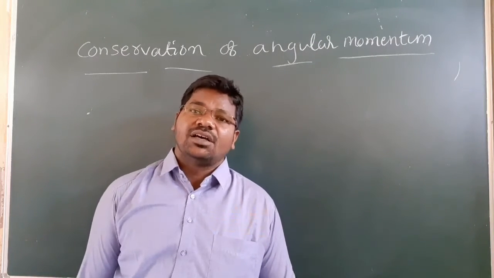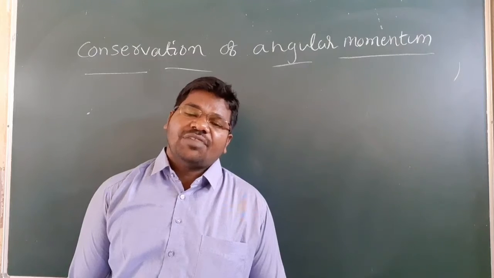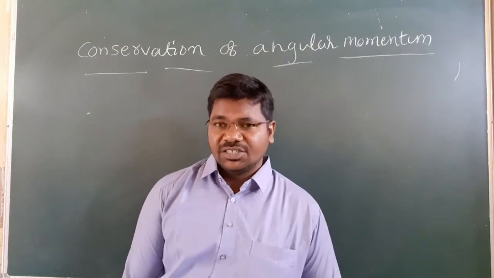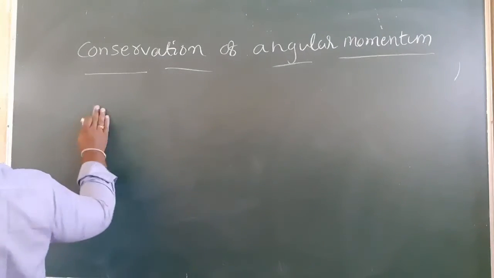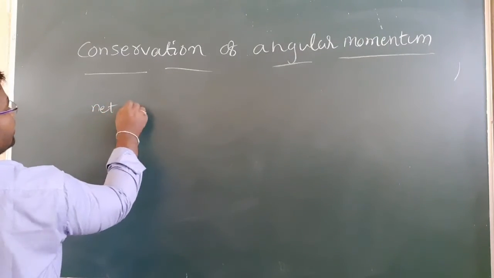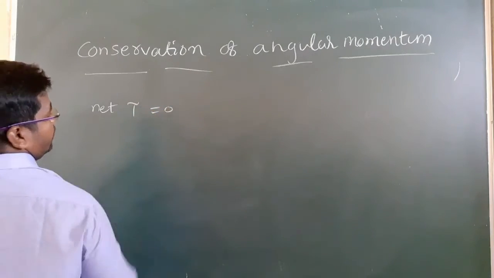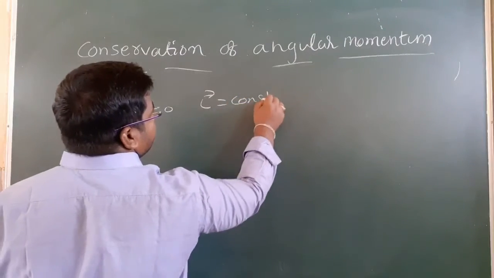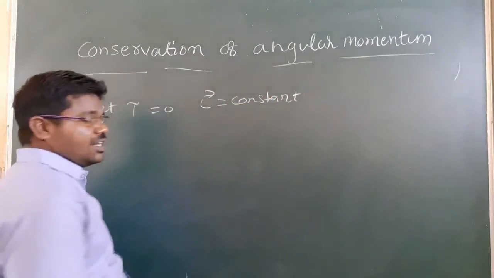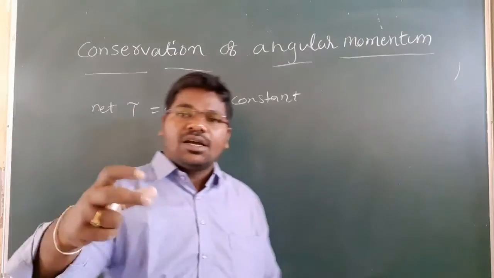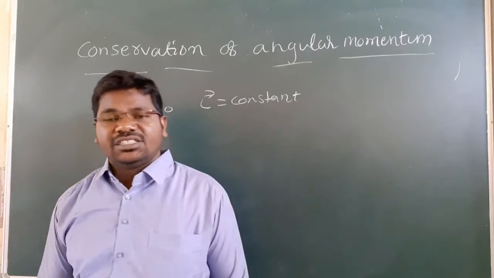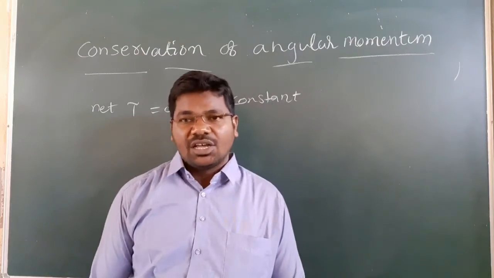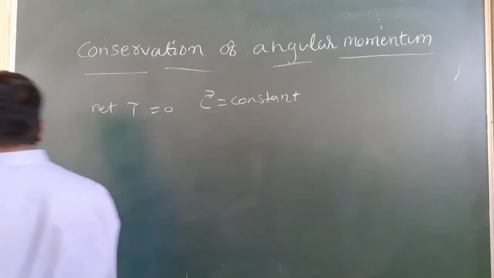Here, conservation of angular momentum means the net torque acting on the body is 0. So when net torque is equal to 0, L is equal to constant. Understand, my children? When the net torque acting on the system of particles is 0, the angular momentum will be conserved.